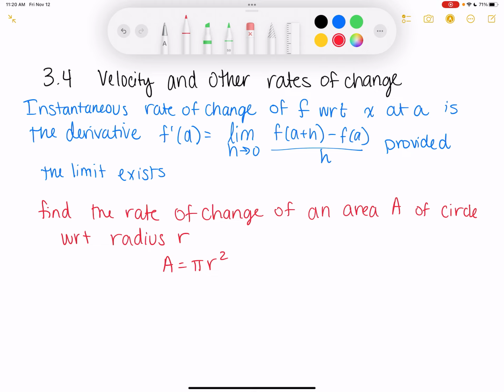When I'm asking for rate of change for something like this, it's basically just wanting me to take the derivative of the function with respect to whatever variable it says. So in this case, with respect to r. So all I would need to do is dA/dr equals 2 pi r. And that's all you have to do for that.